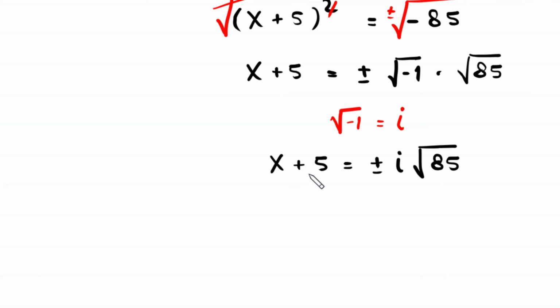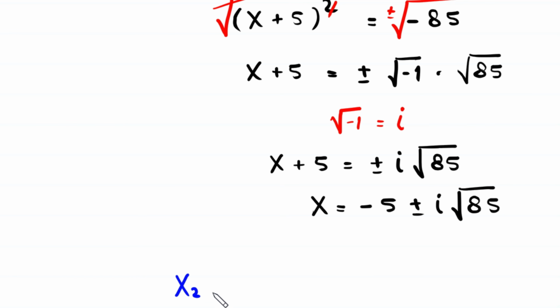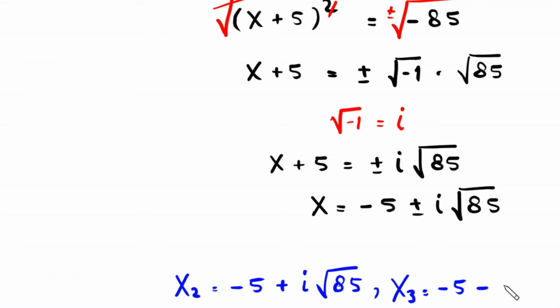Move this 5 to the right hand side, this will become x = -5 plus minus i times root 85. It means that from here we get two solutions: x2 = -5 + i times root 85, and x3 = -5 - i times root 85.